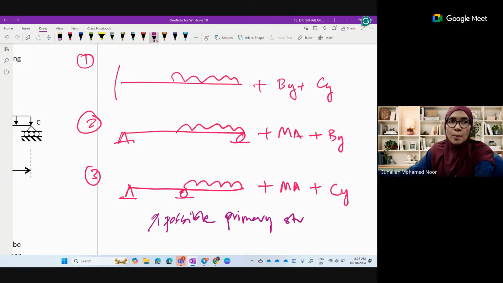Normally in the solution we can choose only one to solve. Maybe you want to use possibility number two, or number three, it is up to you. Choose only one possibility to solve.